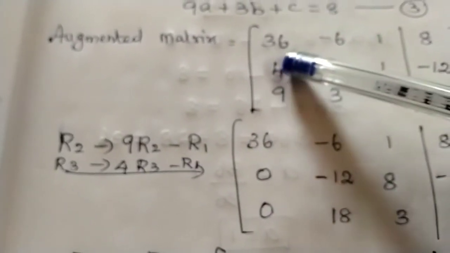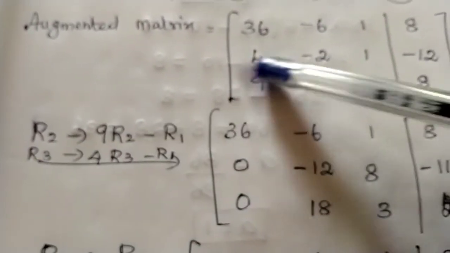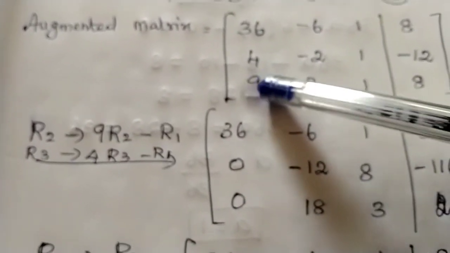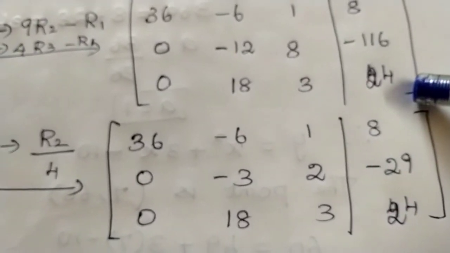R2 implies 9 R2, 9 4s are 36, minus R1. Here also R3 implies multiplied by 4, 36, 4 R3 minus R1. Okay, directly we can simplify. We get 0 minus 12, 8 minus 116. Here also 0, 18, 3, 24.